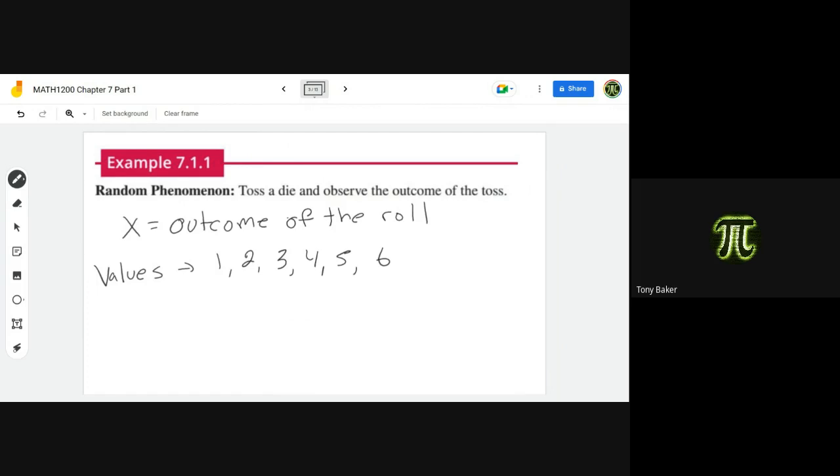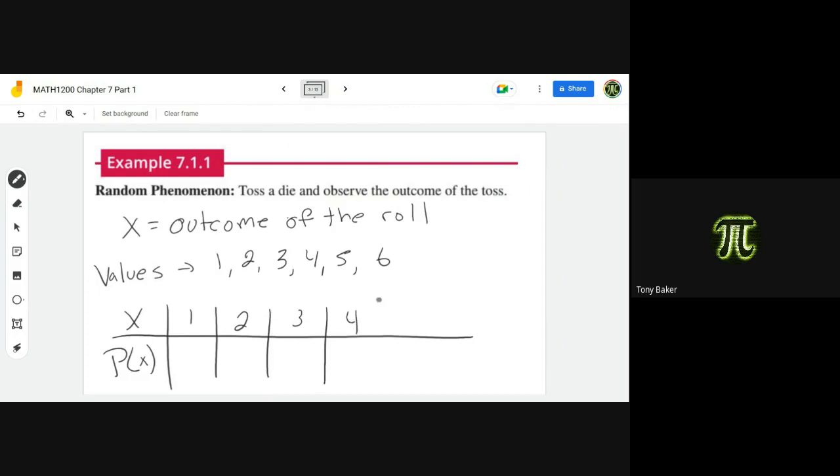All right. What is the probability of each outcome? What's the probability of me getting a 1? What's the probability of me getting a 2?